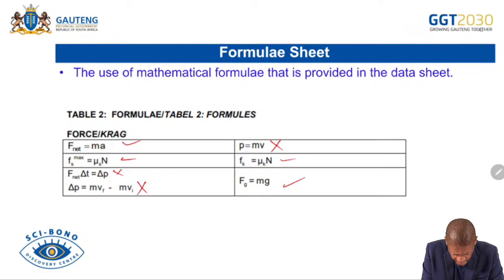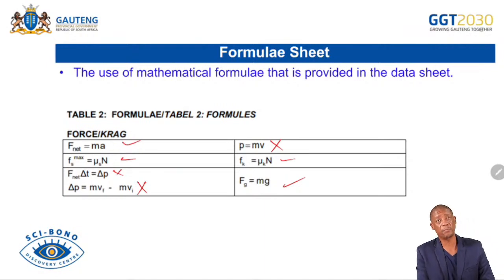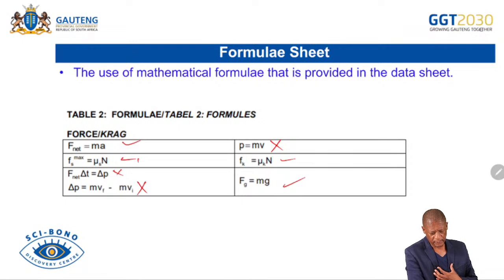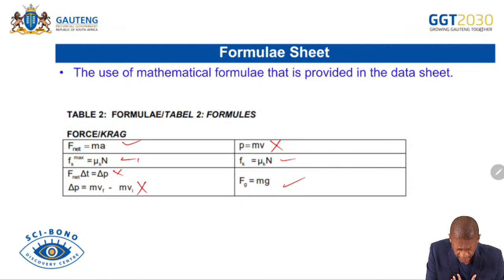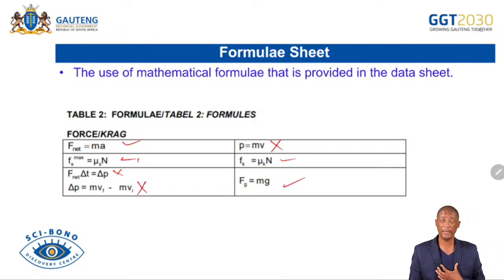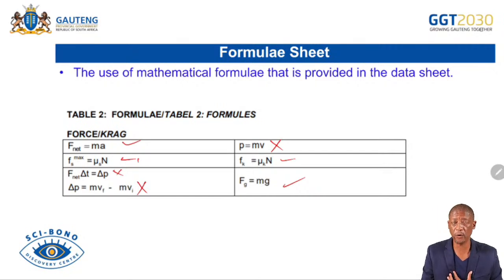We don't want this. It does not speak to what we want. We don't want this one. It does not speak to what we want. This one, it has momentum, but this momentum is a change in momentum. They never talk about change in momentum there. They never even talk about the force, the net force, or a time. So we don't use that one.